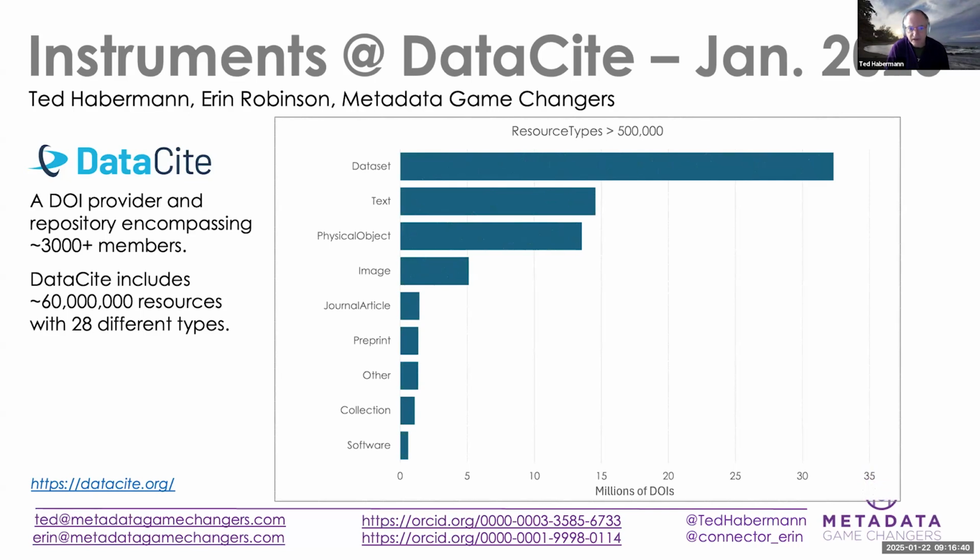These are the kinds of resources where there are more than 500,000. Data sets are still overall the largest segment of the repository, followed by various kinds of text objects, and then physical objects, which are primarily samples and images.